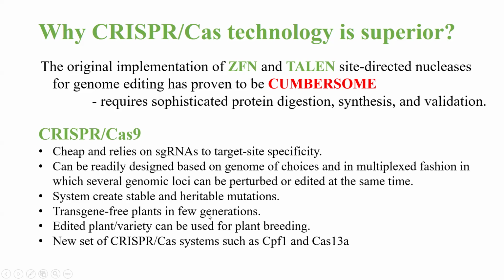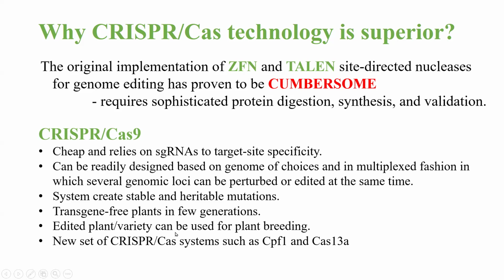Transgene-free plants come in a few generations, because in the first generation the CRISPR gene can remain, but within two or three generations, you can get transgene-free plants. That is the genome edited plant.